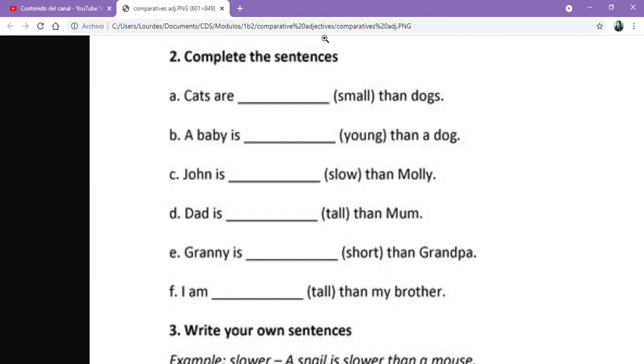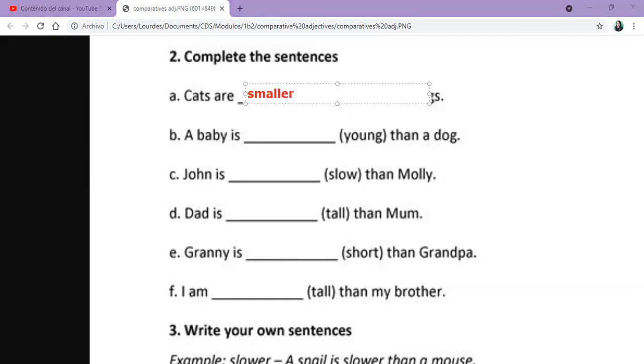Letter A, Marjorie: cats are smaller than dogs. Very good.